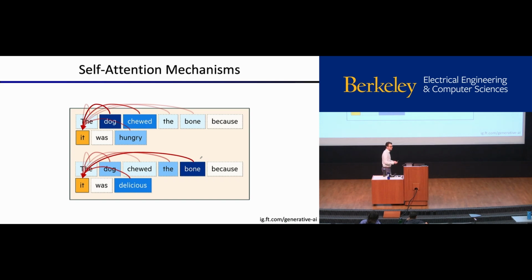Because if I'm in a situation that's more like a bone situation, then I should predict delicious, versus if I'm in more of a dog context, then I should predict hungry. Does everyone see that? So attention mechanisms are just telling us about the context around which we're trying to predict the next word. Yeah?